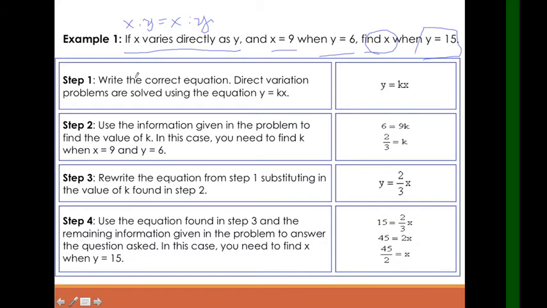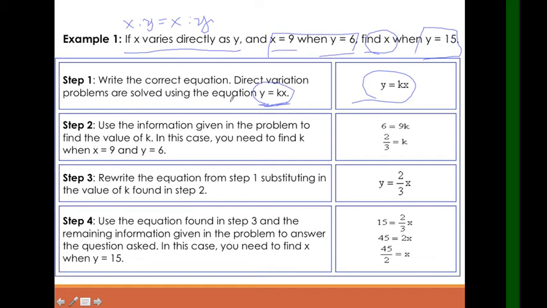So, write the correct equation. Direct variation problems are solved using the equation y is equal to kx, no? So, ito yung ating parang equation na kung saan dyan natin ilalagay yung ating first given na x at saka y.